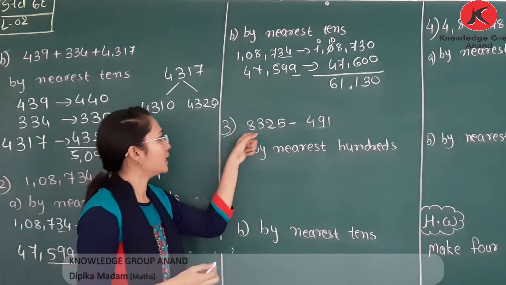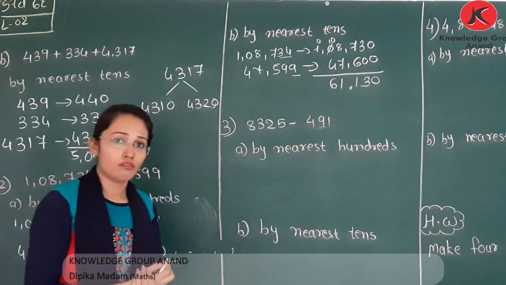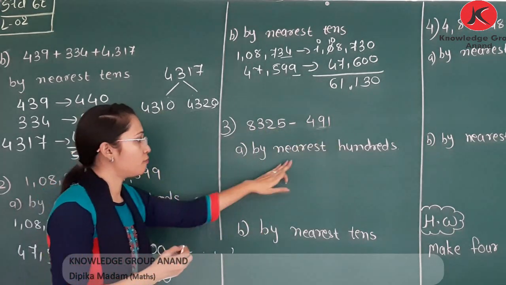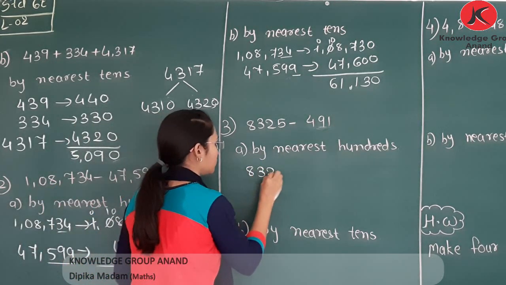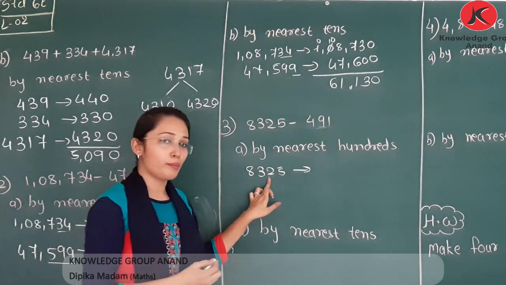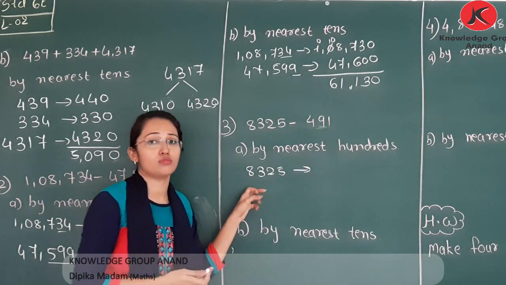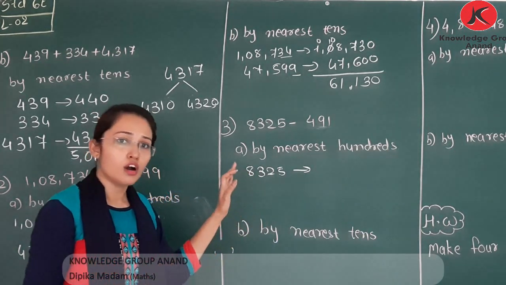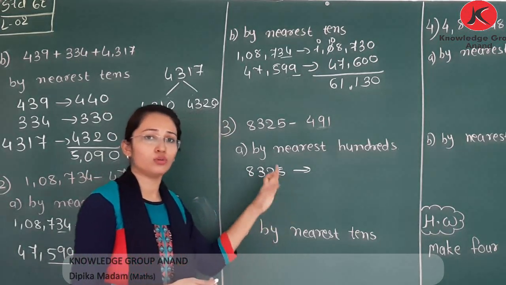Now next one, 8,325 minus 491. Perform the estimation. First we perform the 100 estimation. If we are performing the 100 estimation, then it lies between 8,300 or 8,400. Which is the nearest value? 300.